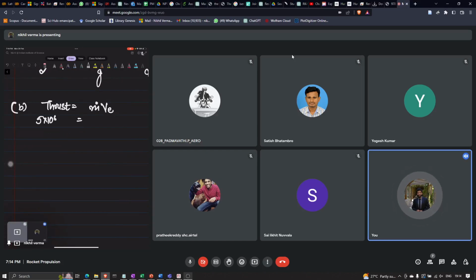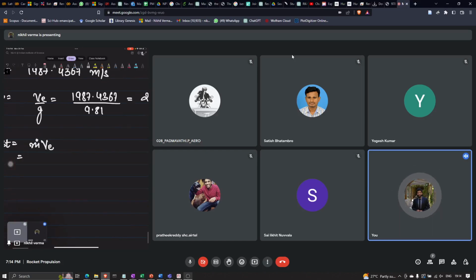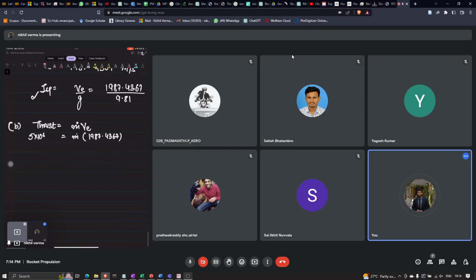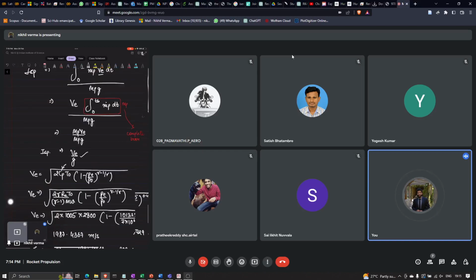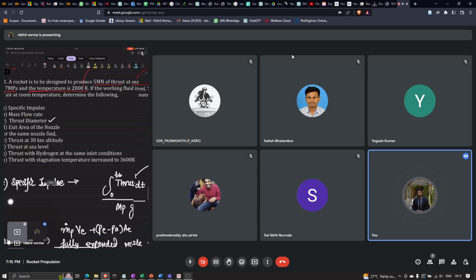And m dot is required, and v exit we have calculated. Okay, so with this you will get m dot as 2515.803 kgs per second.